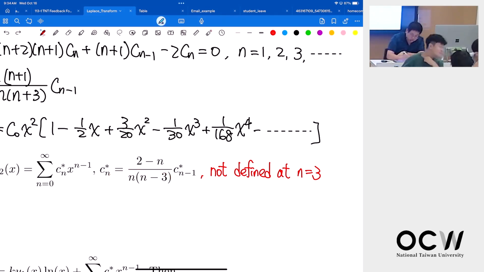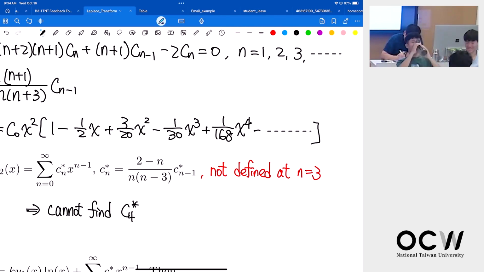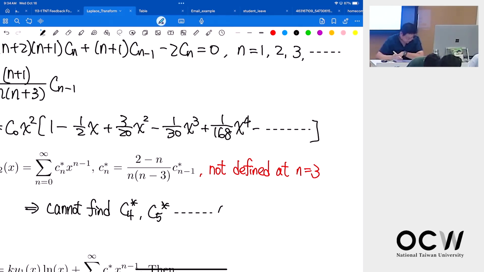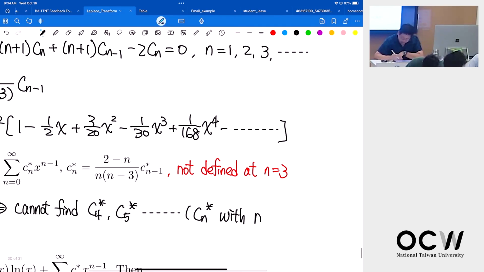So in that case, I cannot find c4 star, c5, and cn star with n greater than or equal to 3.